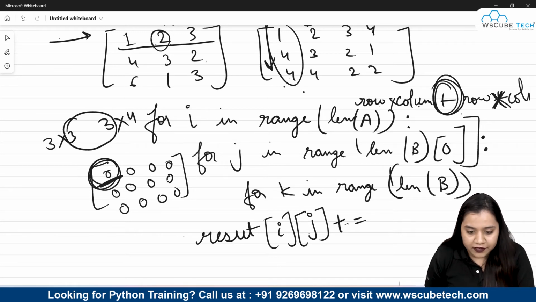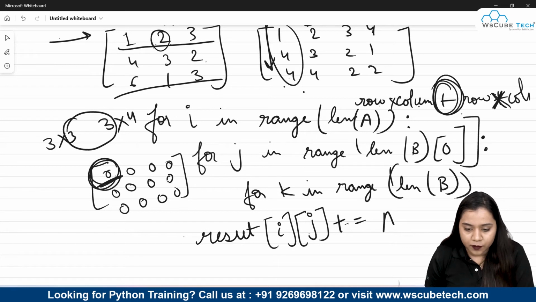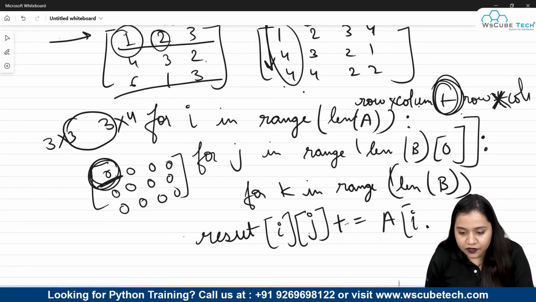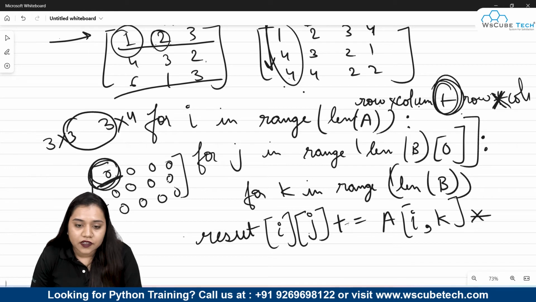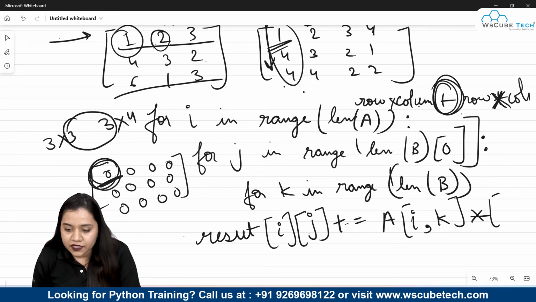What value will be added? We'll be talking about first of all our A matrix, the first element. So it would be A[i][k] multiplied by B[k][j], where k is our row and j is our column.